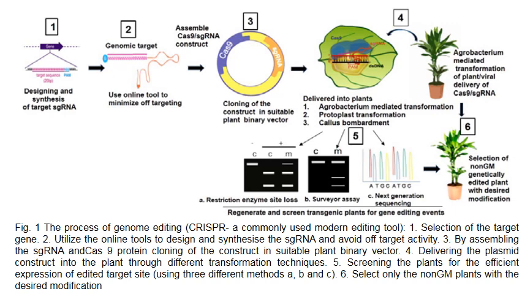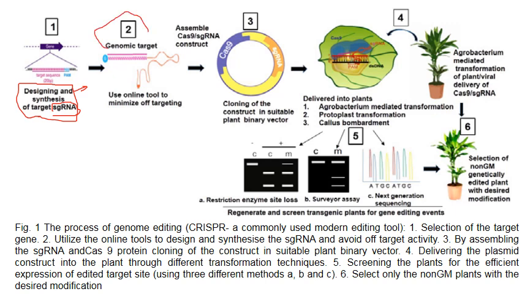First one is designing and synthesis of target sgRNA. This is an example in CRISPR technology where single guide RNA is designed. The guide RNA guides the Cas9 protein to get into and bind at a specific position so that the modifications can be done.